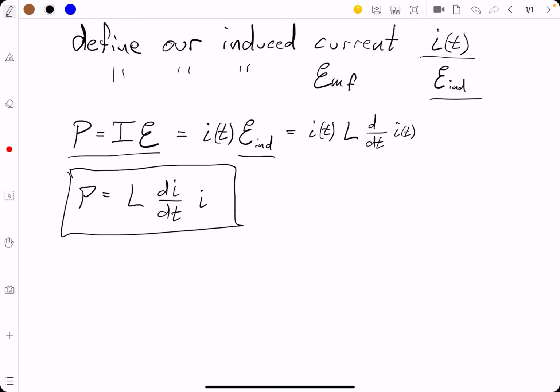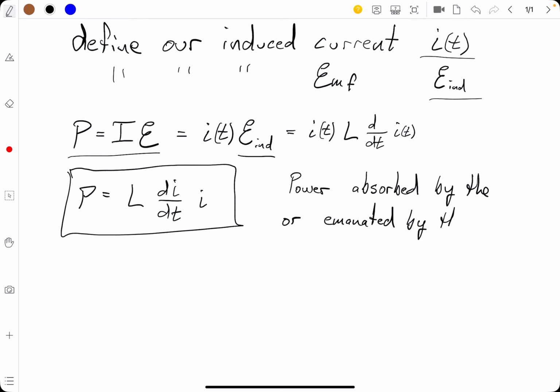That's our power. What is this power that we're talking about? This is power absorbed by the inductor, or it's emanated, given up by the inductor.